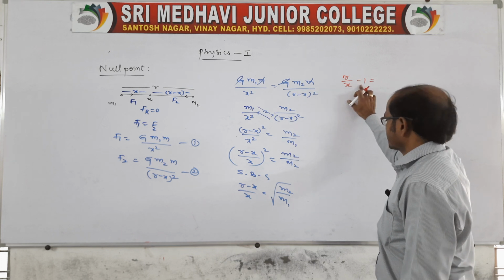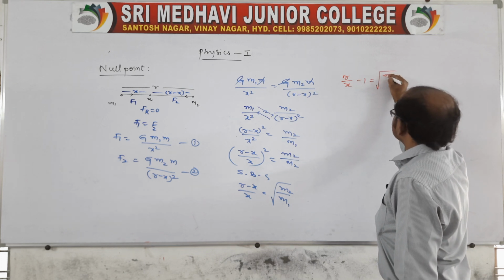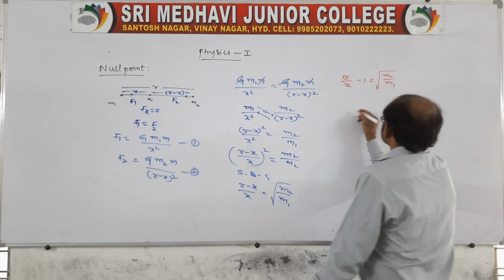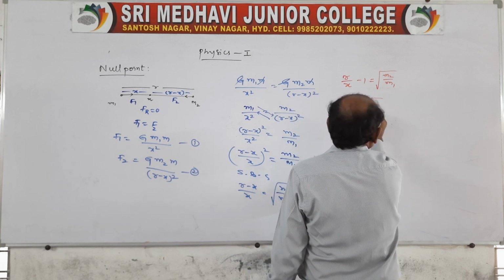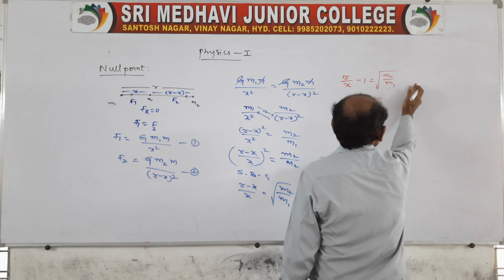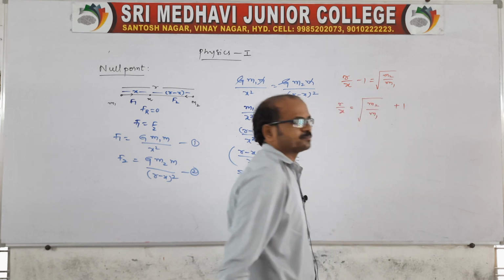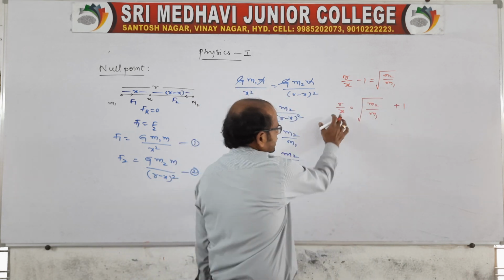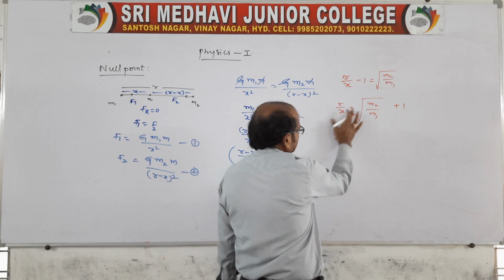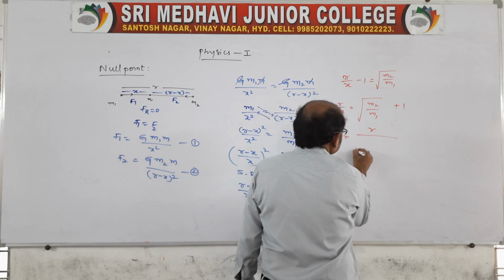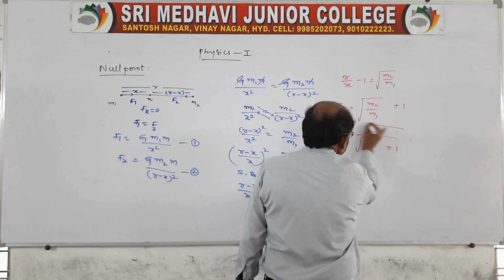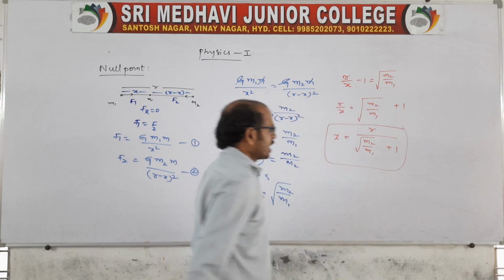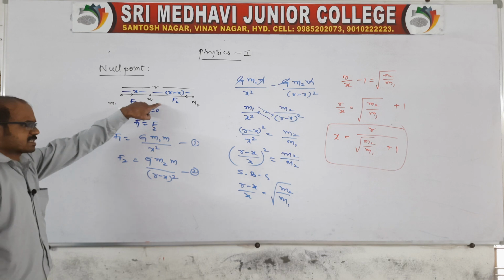Therefore r by x minus 1 equals root over M2 by M1. So r by x is equal to root over M2 by M1 plus 1, as the minus 1 goes to the other side and becomes plus. Now we need x, so cross multiply: x is equal to r by root over M2 by M1 plus 1. This is the one null point.